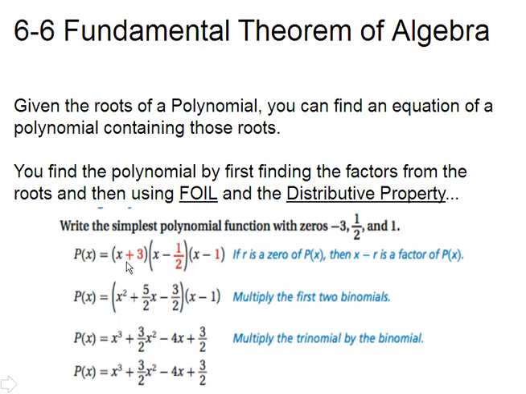So x plus 3 if we're given the zero -3, x minus 1/2, x minus 1, and so on. Then we actually have to FOIL, multiply the first two factors together, simplify it, and then multiply the next factor and simplify that. Our result here would be a polynomial that would contain those 3 roots, or zeros.